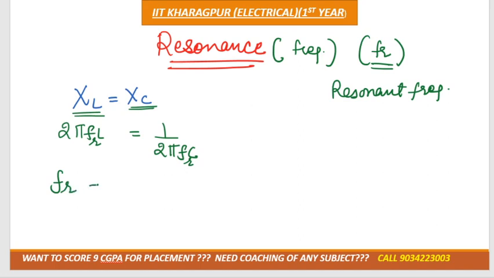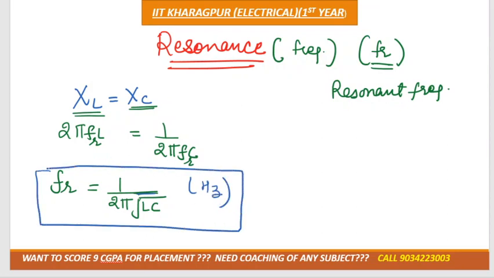If I solve it, can you tell me what would be the value of FR from here in terms of L and C? Right. Okay. So this is the frequency formula in case of resonance.